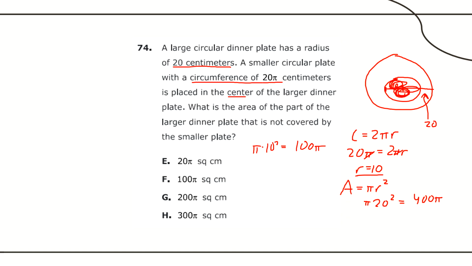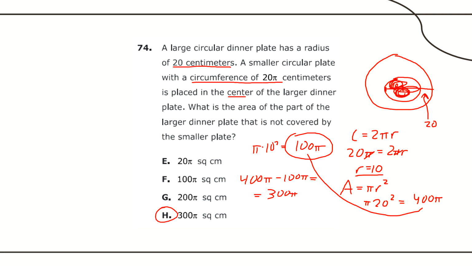Okay, and now we have two numbers, but we're actually asking for the difference between them because we want the area not covered. So we would have to do 400 pi minus 100 pi, which would give us 300 pi, giving us answer choice H.